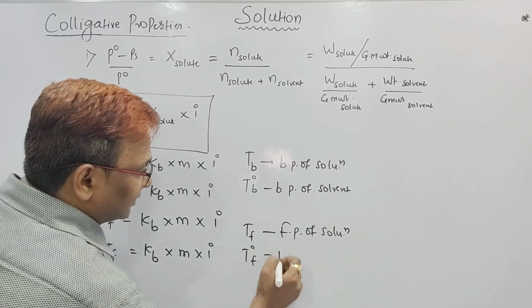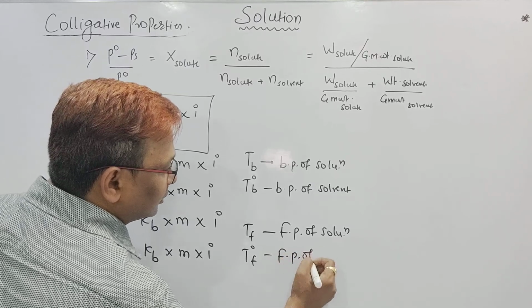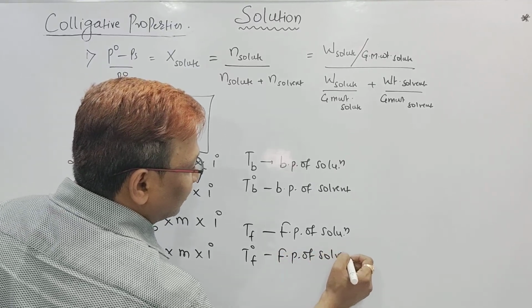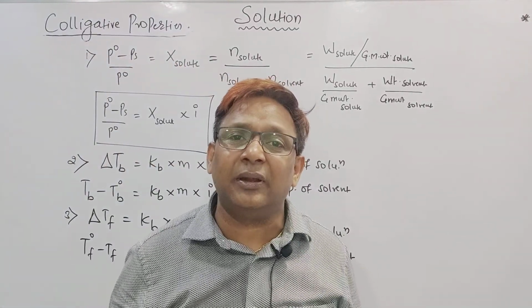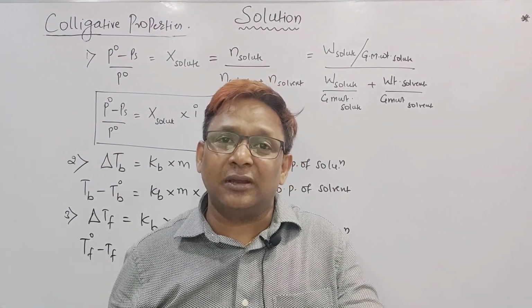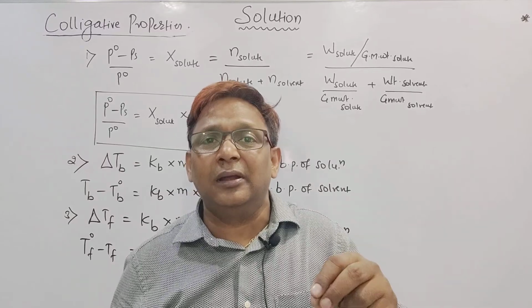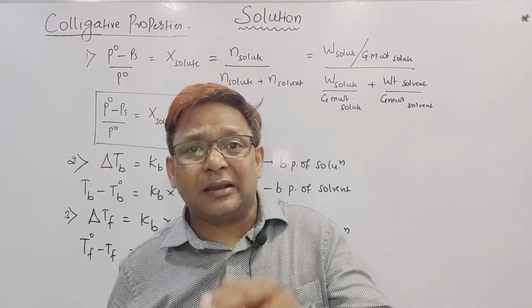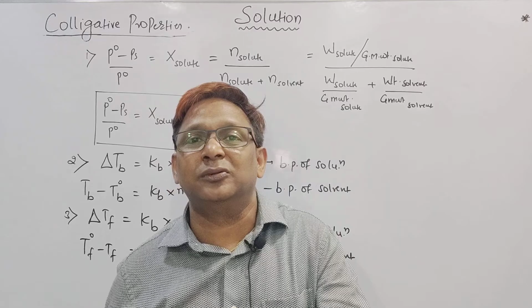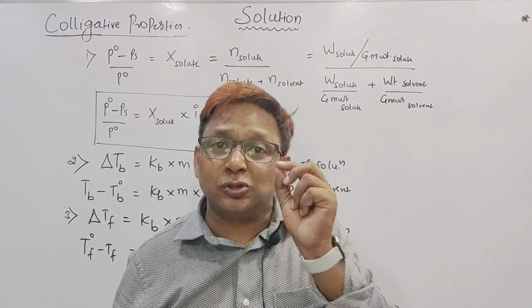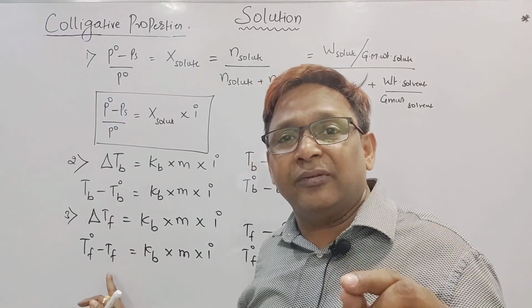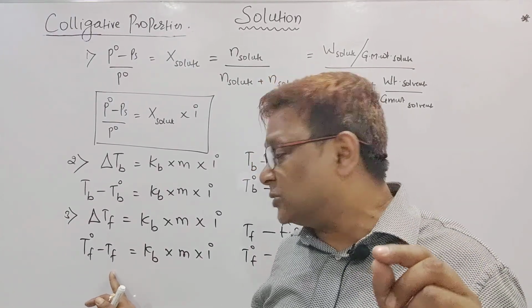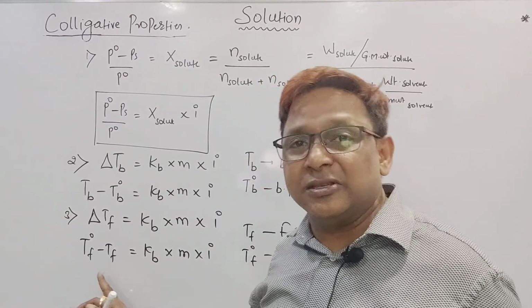T naught F is the freezing point of the solvent, whose value will be greater, because water freezes at 0 degrees centigrade. But if you add some salt to that water, the solution will freeze below that, at -1 or -2. So obviously the freezing point of the solvent, T naught F, is greater, and TF, the freezing point of the solution, will be smaller. So T naught F minus TF.